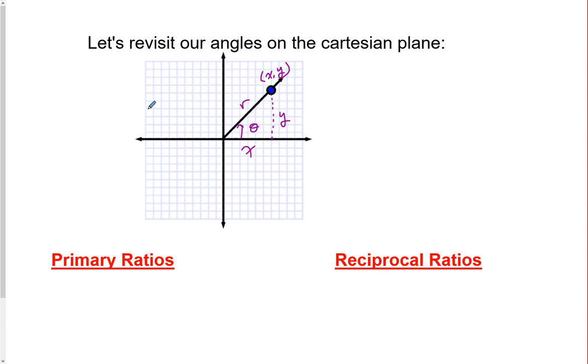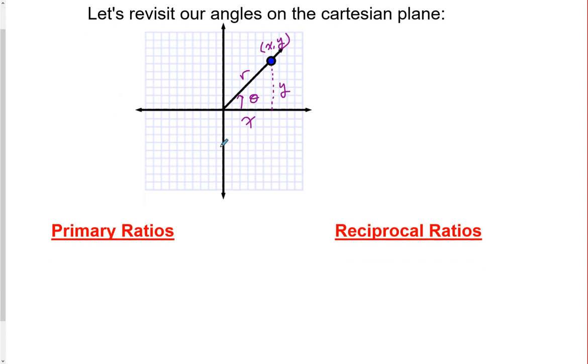And so this is how we describe angles in our Cartesian plane. And now I'm going to write out what sine, cosine, tan are. Those are my primary trig ratios. Sine theta, cos theta, and tan theta. And so I have to remember what they mean. Sine is opposite over hypotenuse.